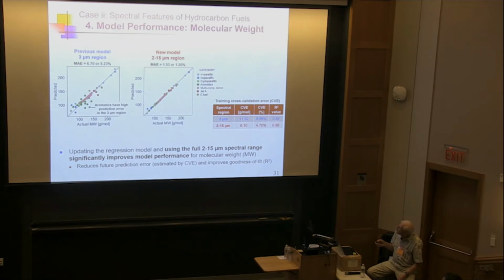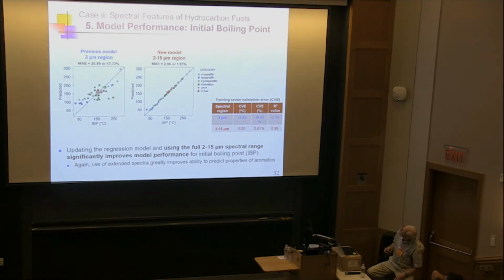And so if we use the entire knowledge that we measure from 2 to 15, this is getting pretty good. This is the molecular weight. And how well it fits is indicated over here by these performance parameters. The R-squared number means it works pretty well. In other words, they fit on this line. That's a good sign. And we can do the same thing for the boiling point.